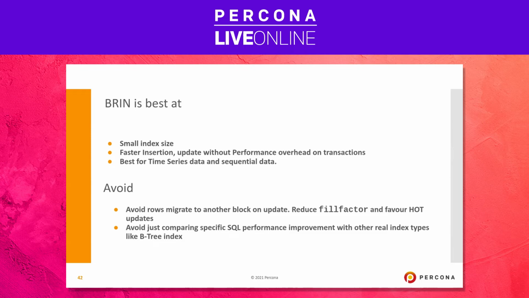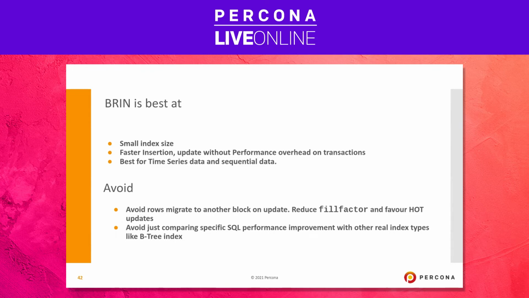The BRIN index is best for creating a very small index because the entire block ranges are summarized. No TIDs are stored. We have only the range information stored in the index, the min and max values in the range.